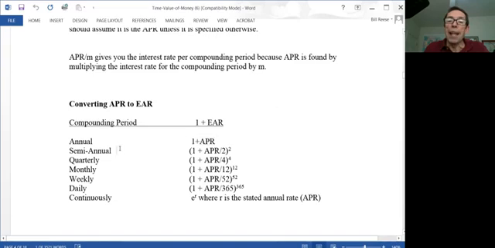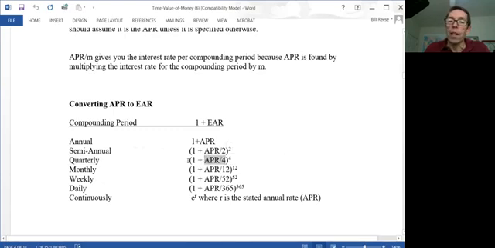Now, if you have semi-annual compounding, then you want the semi-annual rate. Well, the semi-annual rate is the APR over 2, right? So 1 plus the EAR is 1 plus the semi-annual rate raised to the second power. If you have quarterly compounding, then the quarterly rate is the APR divided by 4.